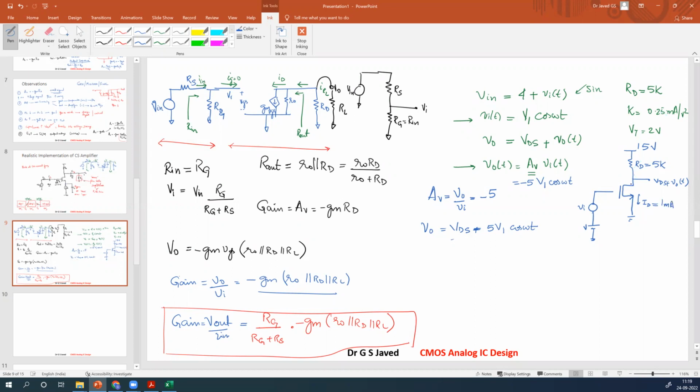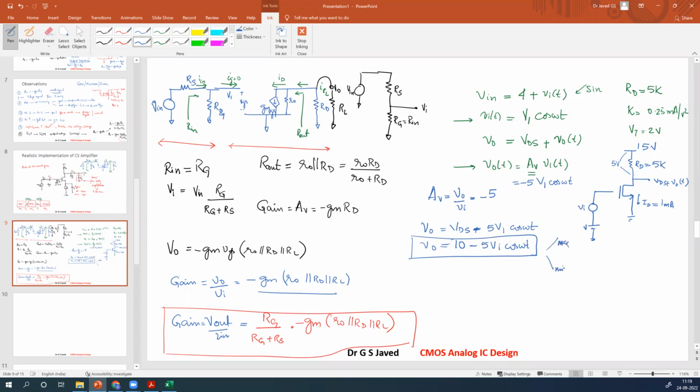So what is the voltage drop across RD? 5 volt. How is it 5 volt? 5K times 1 milliampere is 5 volt. So what is VDS value pending? 10 volt. V0 value is 10 minus 5 V1 cos omega t. So this is your actual output signal. Now in this output signal, what is the maximum and minimum?